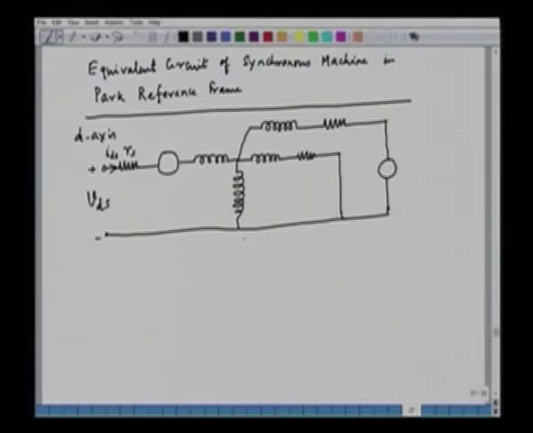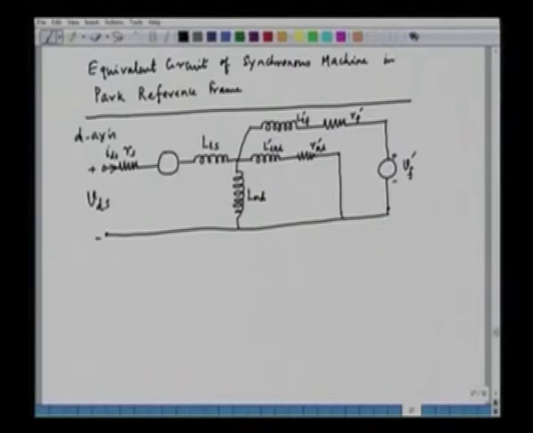And this is the rotationally induced EMF, this is the leakage inductance of the stator, this is the magnetizing inductance in the stator D axis, the damper leakage inductance LKD prime referred from the primary side, the damper resistance referred from the primary side, the field leakage inductance referred from the primary side, the field resistance referred from the primary side, and the field voltage referred from the primary side.